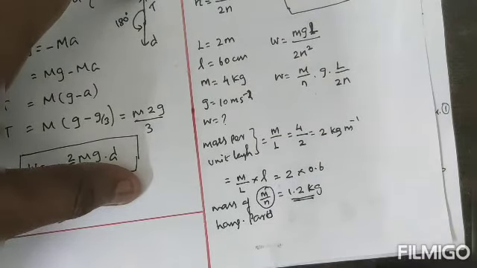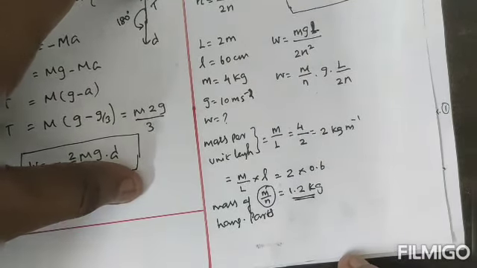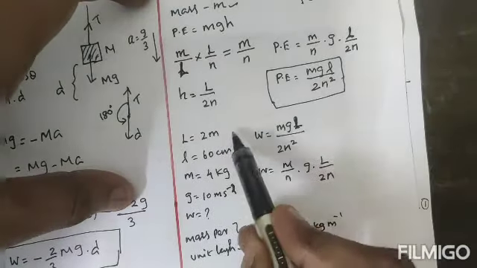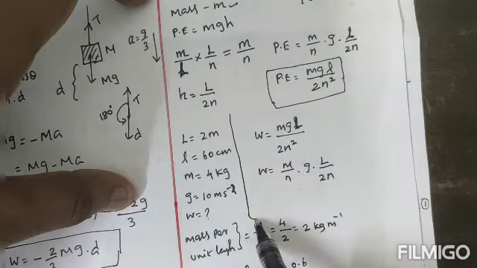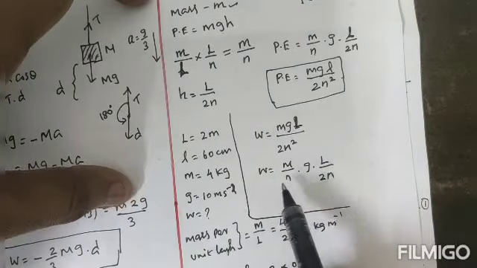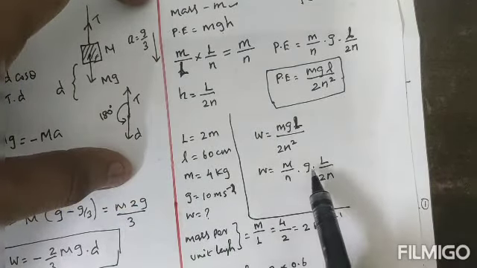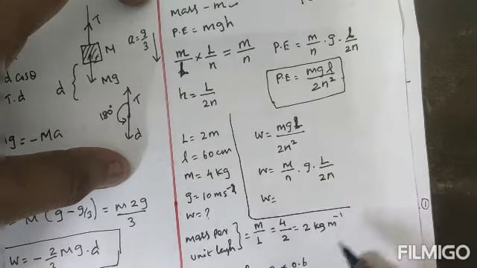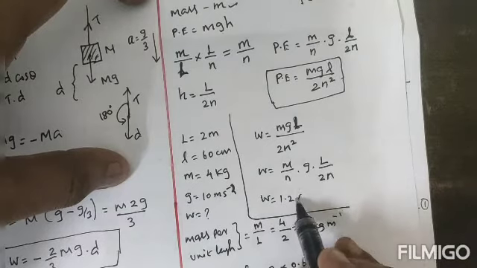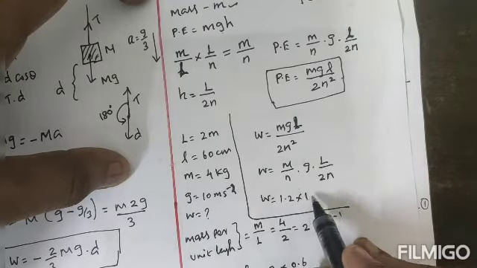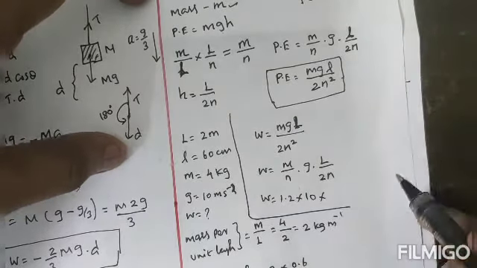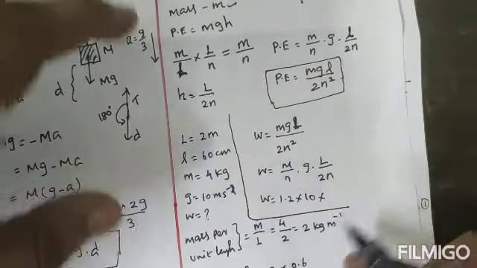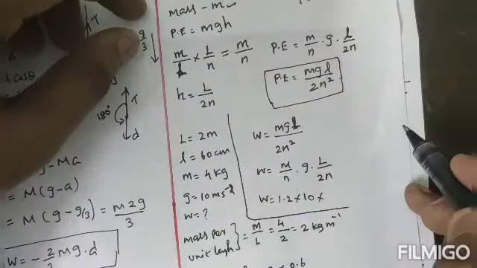Next, the g value as usual. Next I can directly apply this in the equation. So work done is equal to m by n into g into l by 2n. Work done is equal to m by n, which is 1.2, into gravity value taken as 10, into the length of the hanging chain, that is 0.6 meter.